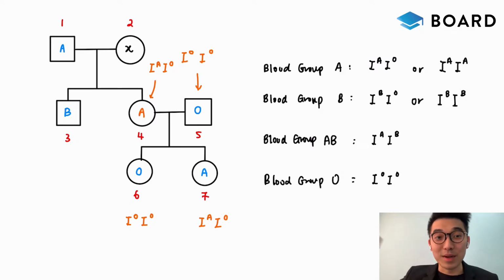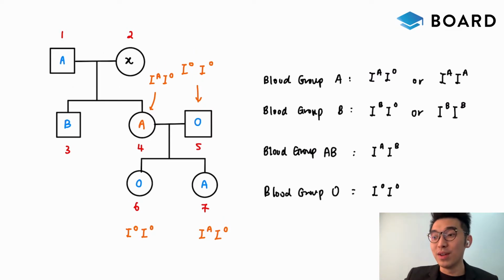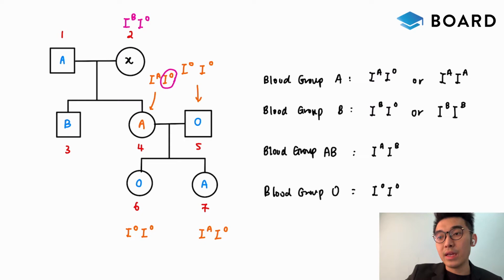So now let's work backwards, because the idea is not to get parent 4 and 5, but to get parent 2. In this context, knowing that there's IA and IO, let's use a different color so that you can see very clearly. This IO is pretty much there. I believe to a certain degree, this must have IO as well. This must be IB. Why is it so? Look at the possible combinations. Let's say this is IA, so you need this to be IA and IO.